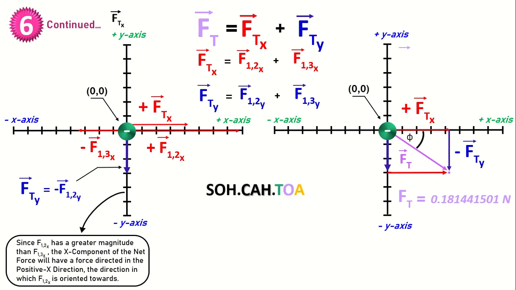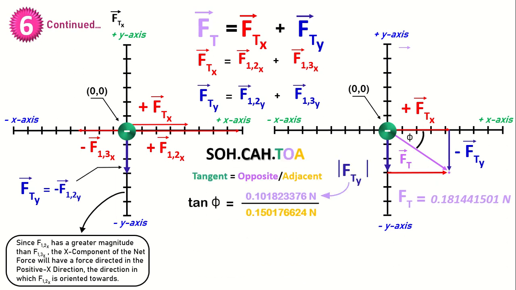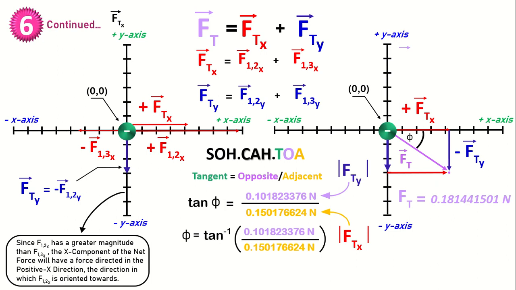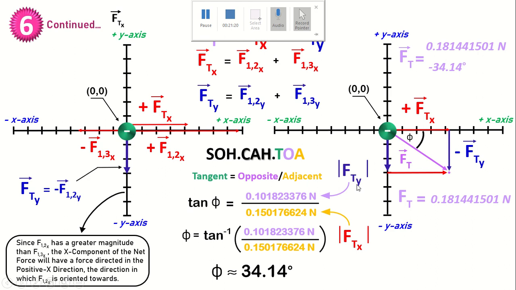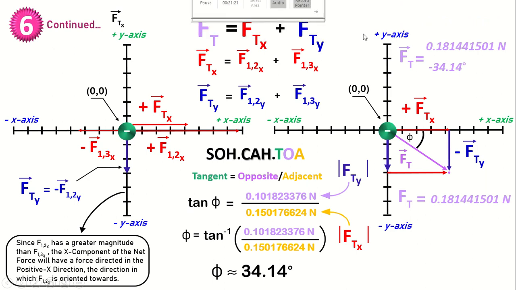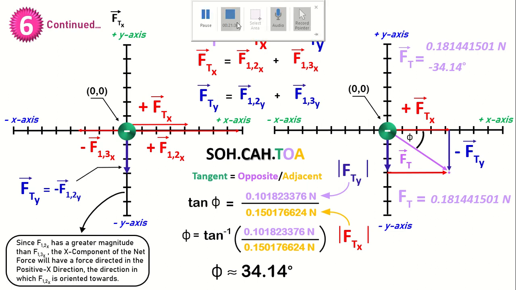We can calculate phi, the angle between them, by using the tangent function, taking the inverse tangent of the y component over the x component of the total force, and we should get a value of phi equal to 34.14 degrees. And yes, that's how you solve the problem. So we can express this as the total force equal to this magnitude at negative 34.14 degrees relative to the x-axis, in the clockwise direction.